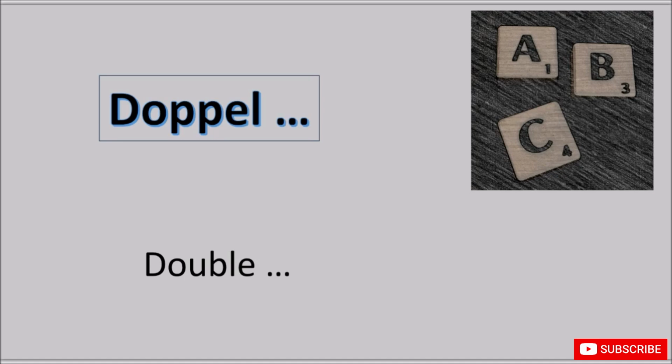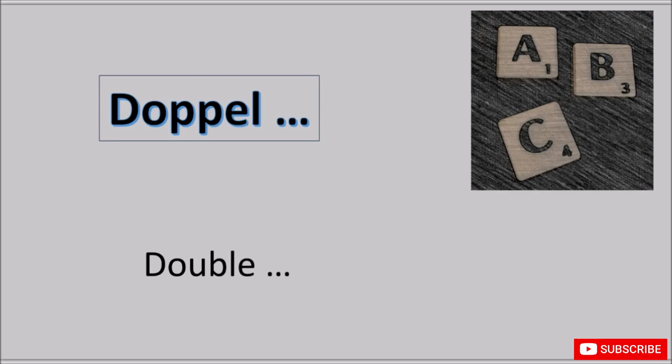Doppel. Now, quite often in English, if we have a double L or double T, we don't say LL, TT, we just say double L, double T, double A. In German, very often we just say TT, AA, PP.